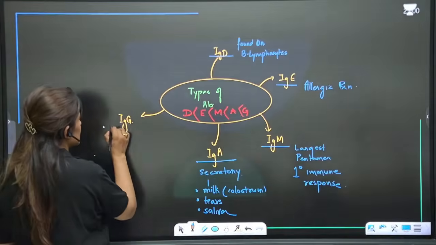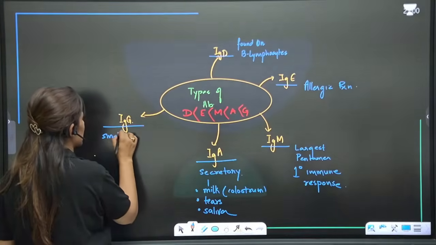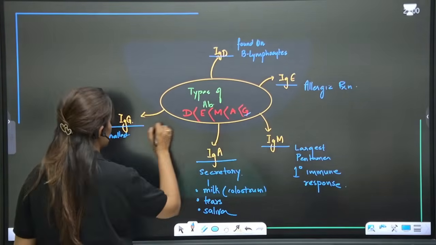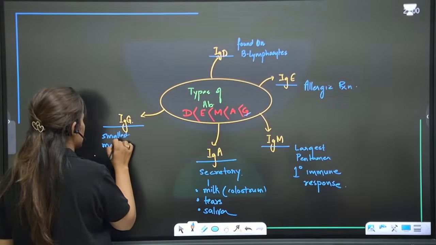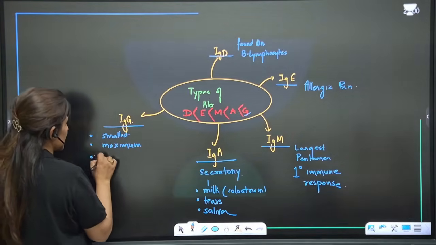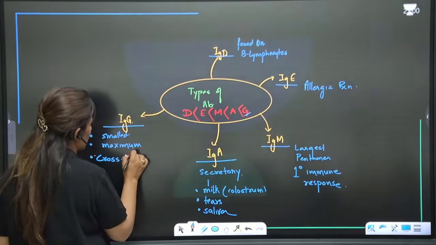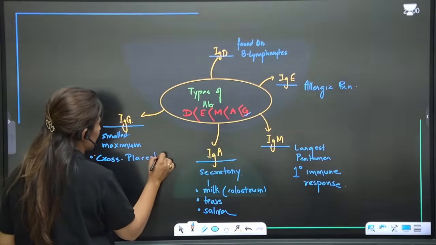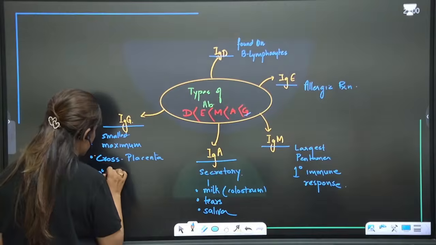And then IgG, this is the smallest, and as we can see, it is the maximum. It is so small that this is the only one which can cross the placenta. It is produced during the secondary immune response.